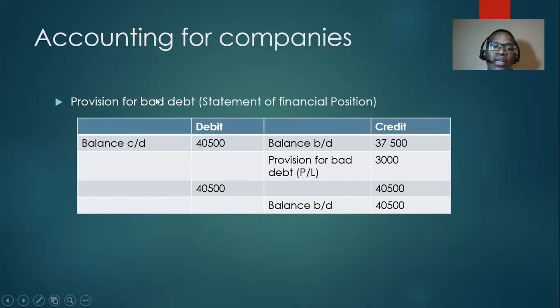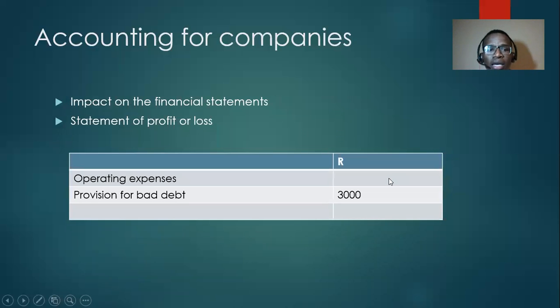Then the provision for bad debt in your statement of financial position, balance brought down from last year is 37,500, as you can see. Then provision for bad debt is 3,000. Then your balance carried down is 40,500 because this should be your closing balance, balance both sides, right? Then on your statement of profit or loss, provision for bad debt, just a movement of 3,000.